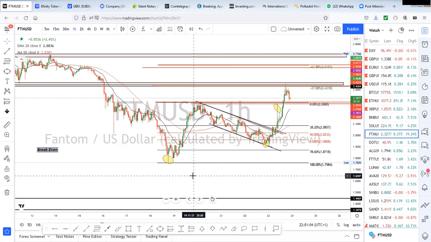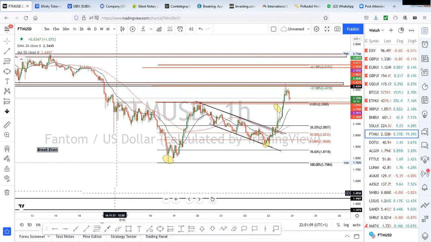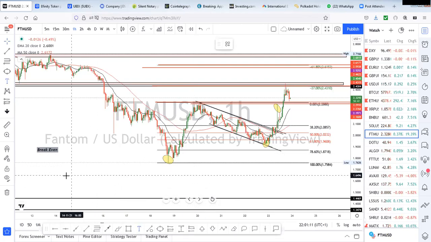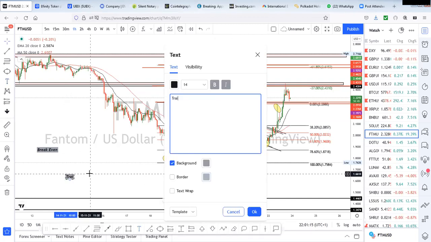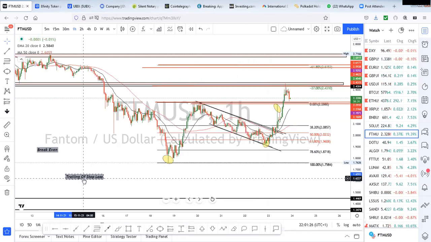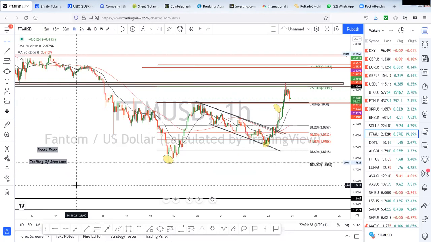Then I can decide to trail my stop loss. What I mean by trailing of stop is that, let me write it again for you to see. As my trade is progressing according to my plan, I will just be moving my stop according to percentage.